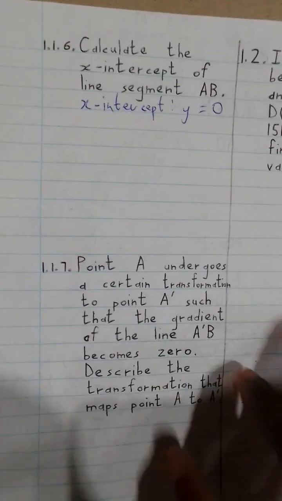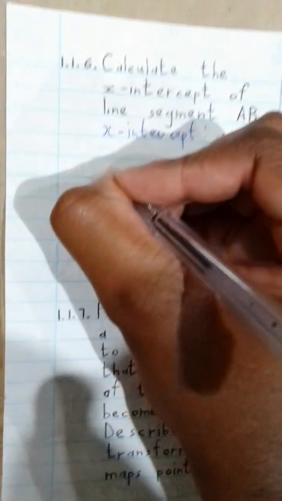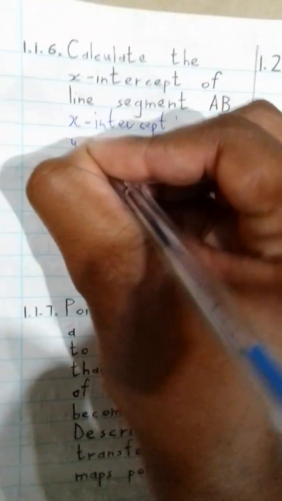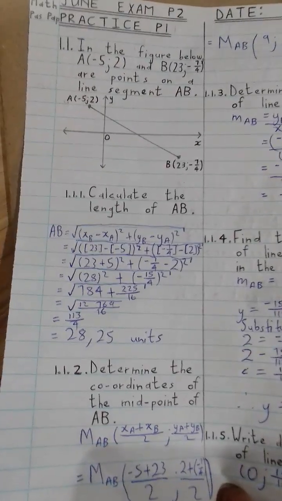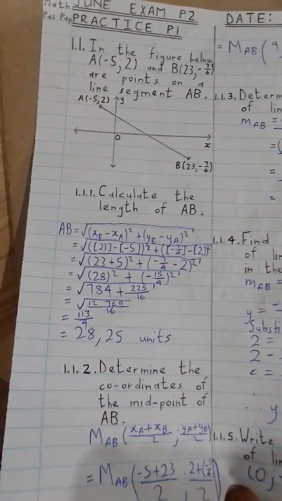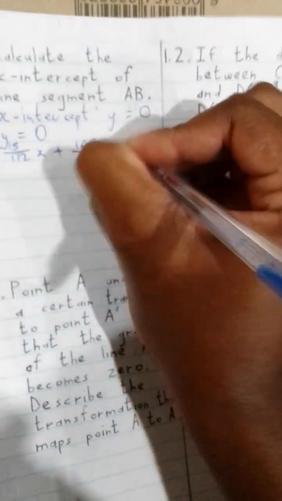So 0 equals negative 15 over 112x plus 149 over 112.